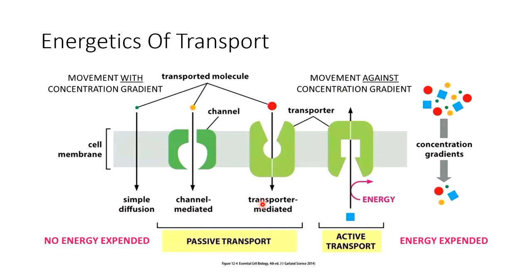Additionally, some transporters are also passive and also move molecules down their concentration gradient. However, some transporters are active. What this means is that with the input of energy, you can actually pump or move different molecules against their concentration gradient. That's what this diagram is explaining here. Any questions on any of that so far?